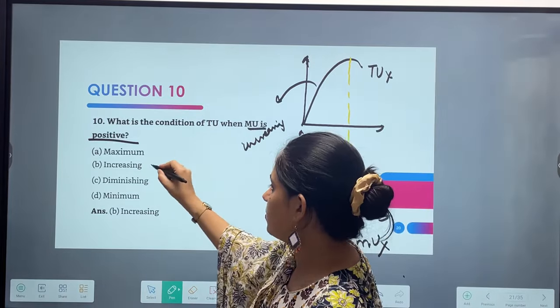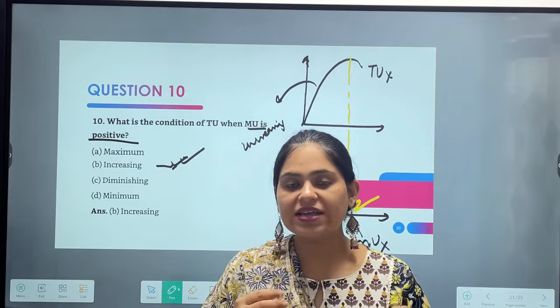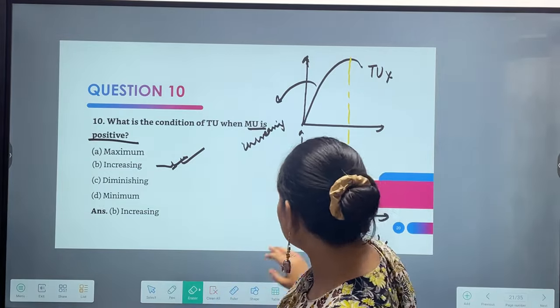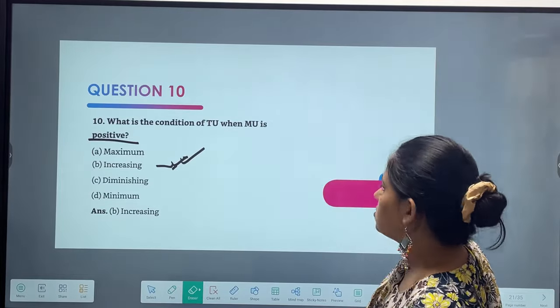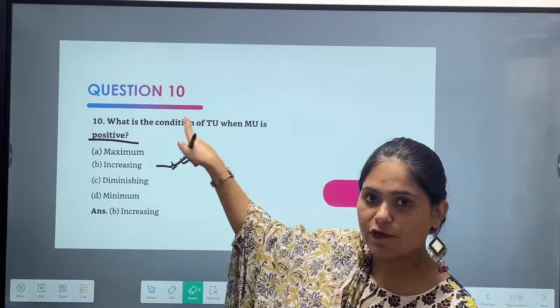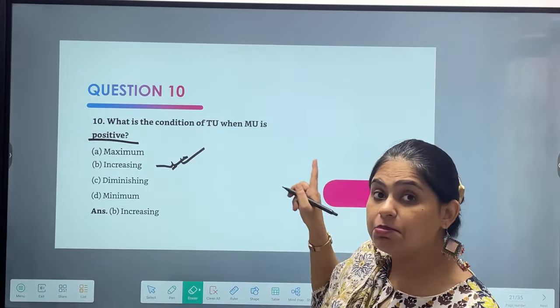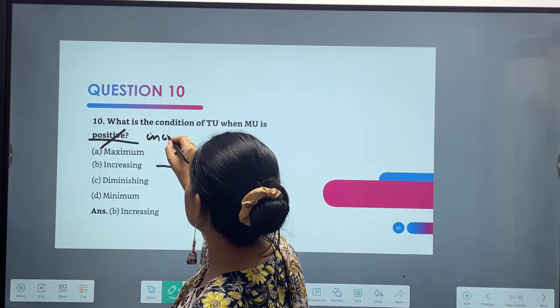But suppose in exam, they instead of just giving you positive, ask you what is the condition of total utility when marginal utility is increasing. Something like this.